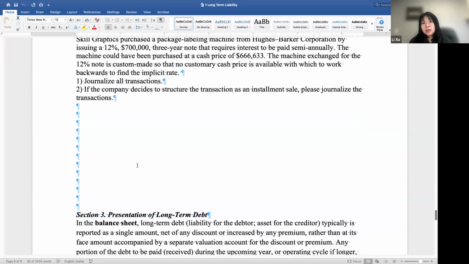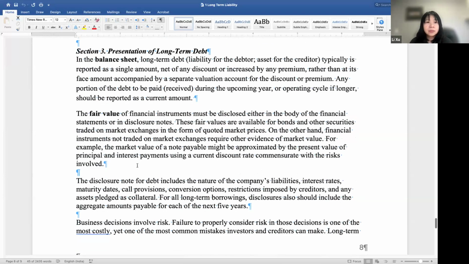So let's say you have a bond and you know exactly the market value of the bond, then that will be your valuation base. Or you have a bond, but you don't know the market value, but on the other side you have a very objective number for the price, and then you use the other side as a valuation base. So basically, when there are no cash transactions, you have to pick a transaction base which is more objectively decided. Okay.